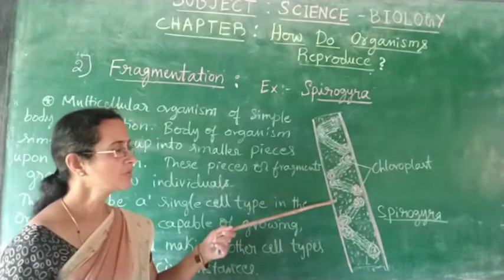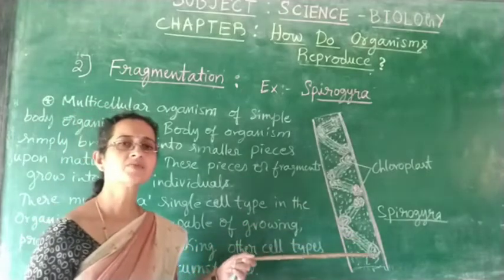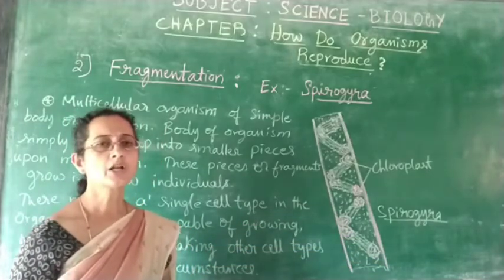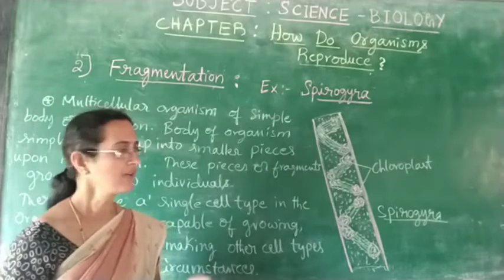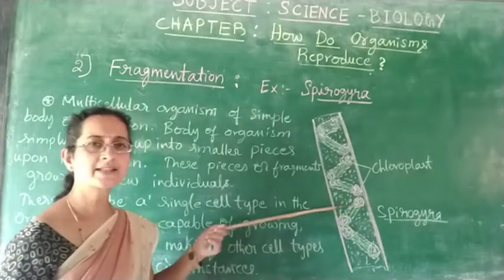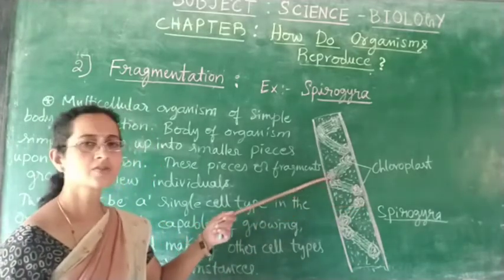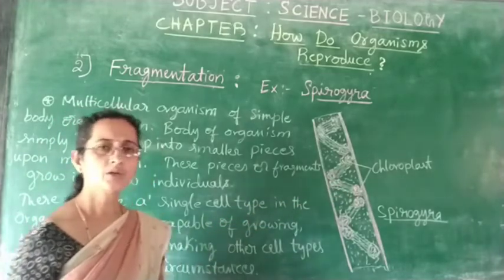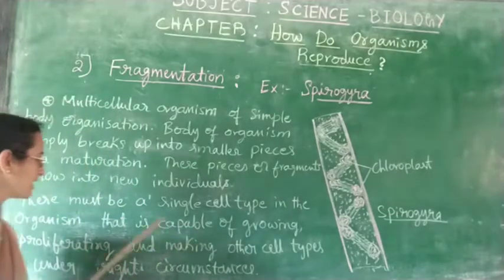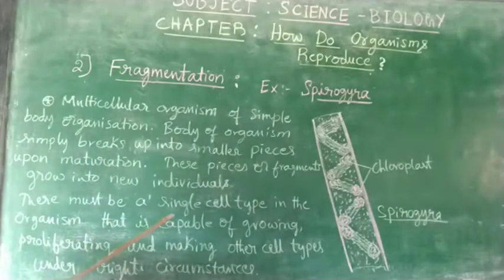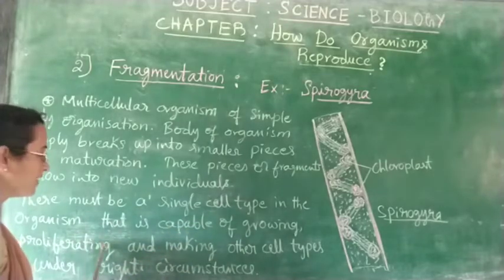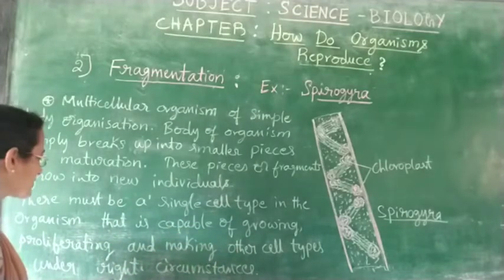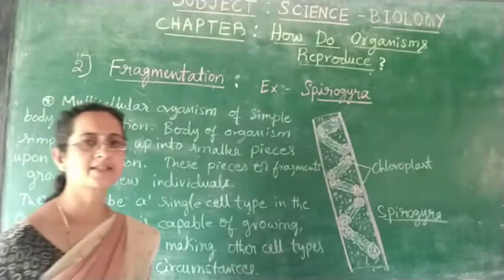Those tissues may consist of one or two cells which are specialized to undergo reproduction. Whenever the body of this Spirogyra is cut, those special cells found in the tissues develop into a new organism. That is what they are saying: there must be a single cell type in the organism that is capable of growing, proliferating and making other cell types under the right circumstances.